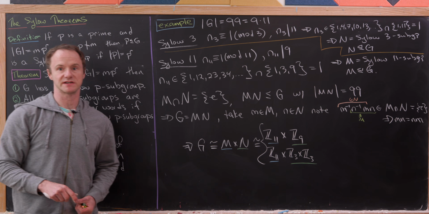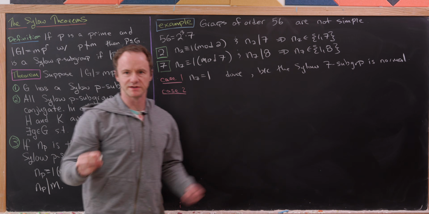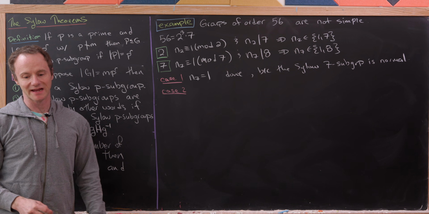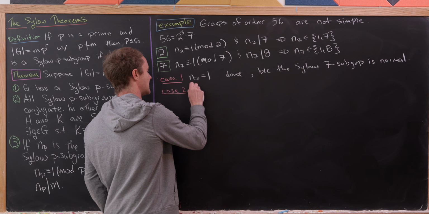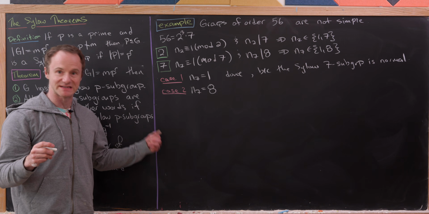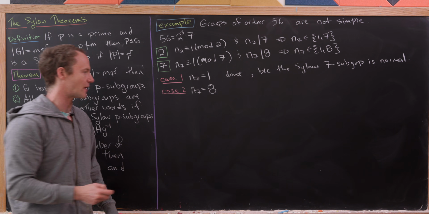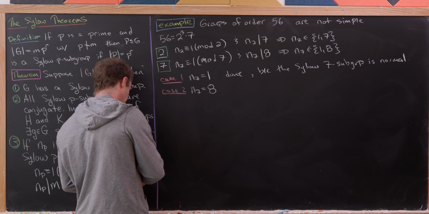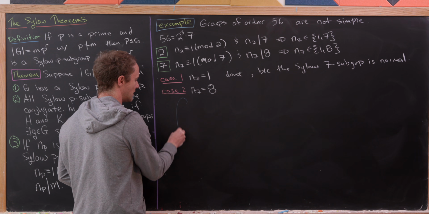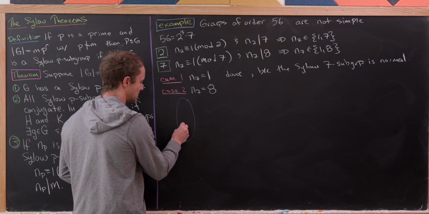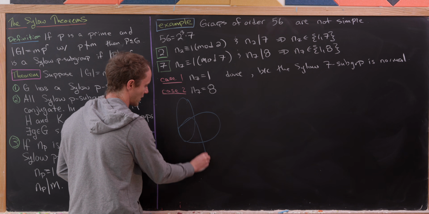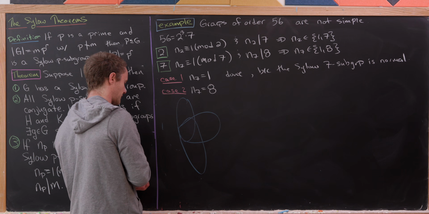Now let's do another example. N11 is normal by the result that we've been using over and over again. So let's instead look at case 2, if N7 equals 8. And now we're going to play the same sort of game that we did before, counting elements. So again, let's say that these blue bubbles are all of the Sylow 7 subgroups. So we've got one like that, maybe one like that, maybe one like that, and so forth.